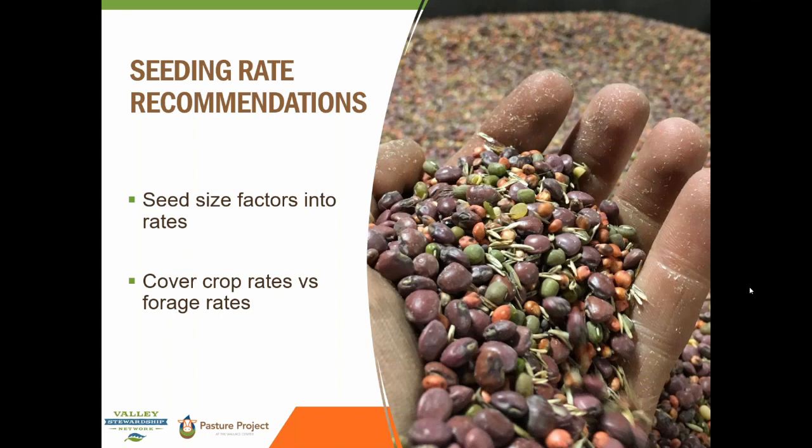So a cover crop rate is going to be, I'd just say on the average, maybe 50% less than a forage rate. And the idea of that rate is not to have a full blanket of plants across the field. We want space in between the plants so that we can have the root depth, we can have the top growth, the plants can express themselves better and actually do a better job than being too heavy.